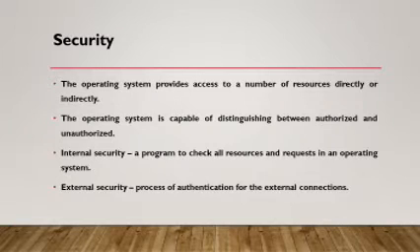Now we have the last topic of the functions of the OS, which is security. Many operating systems include some level of security. Security is based on two major ideas.